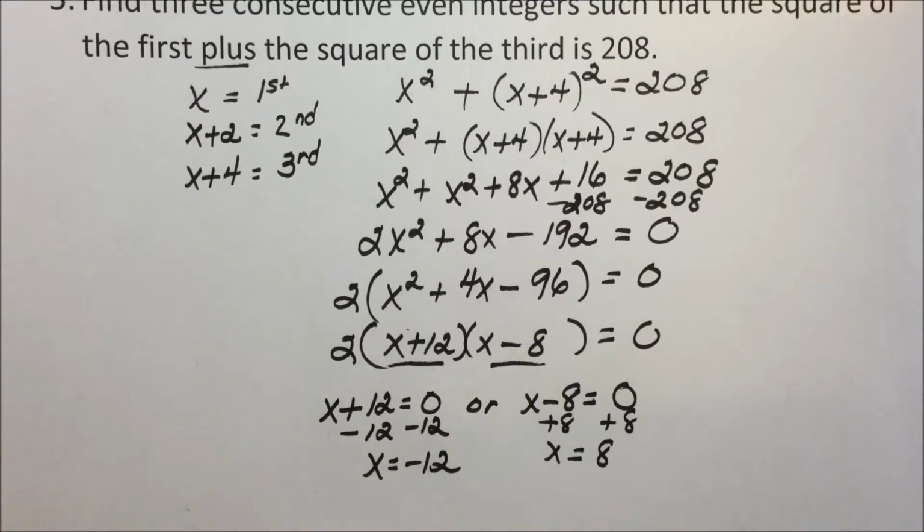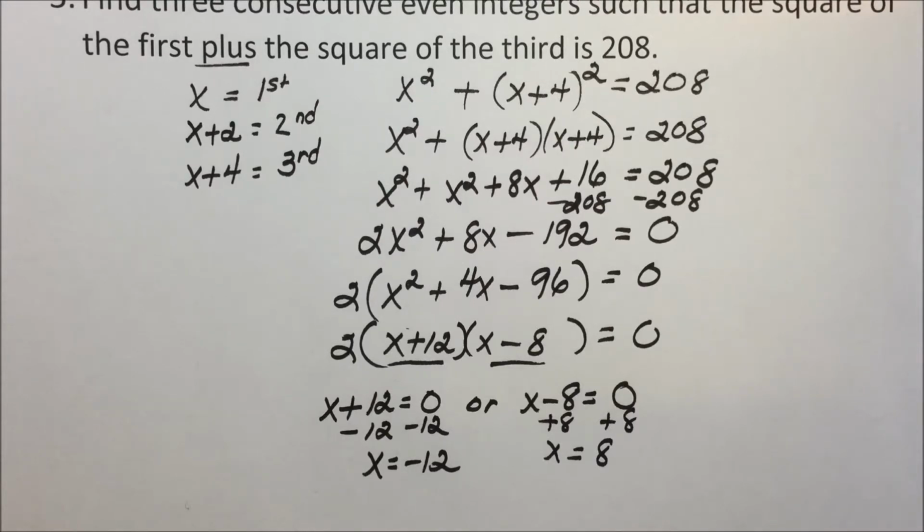So let's go back and see if we can answer the question. We have two possible solutions. It asks us to find 3 consecutive even integers. It doesn't state that they have to be positive or negative, so in this example, we actually are going to find that we have 2 sets of answers for this.